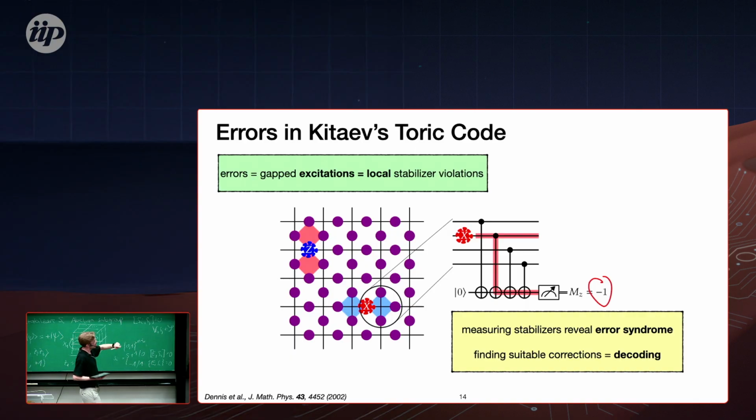Now here, in this toric code we can also think of errors as gap excitations of this Hamiltonian. So every error will have 2 -1 outcomes for adjacent stabilizer generators. And if you remember the Hamiltonian, there was a minus sign, so the energy will be a little bit higher.